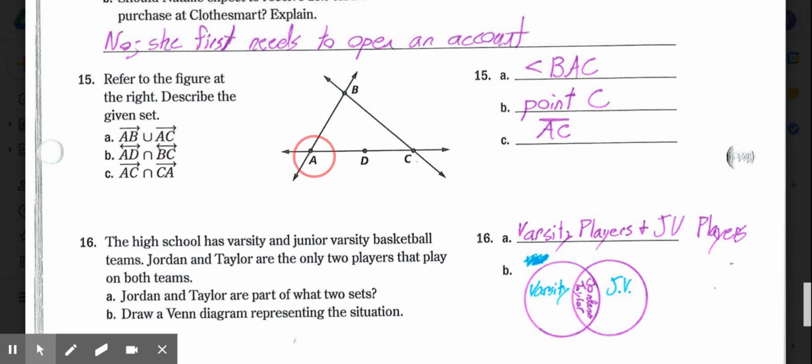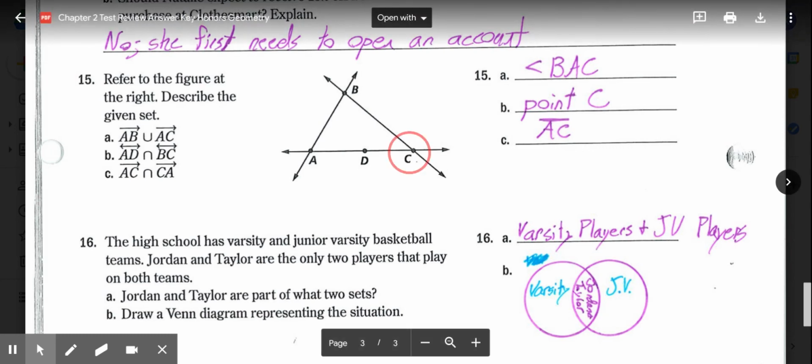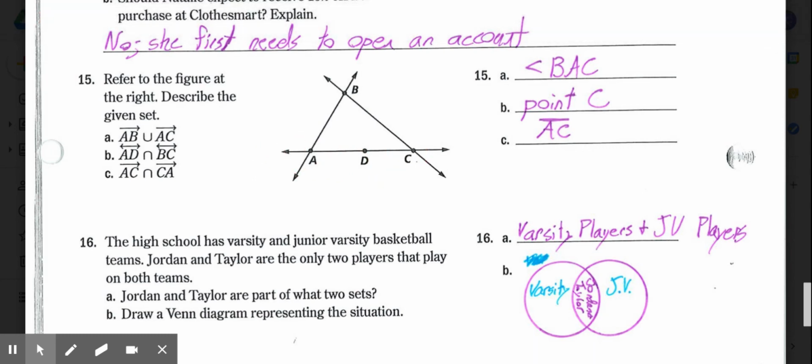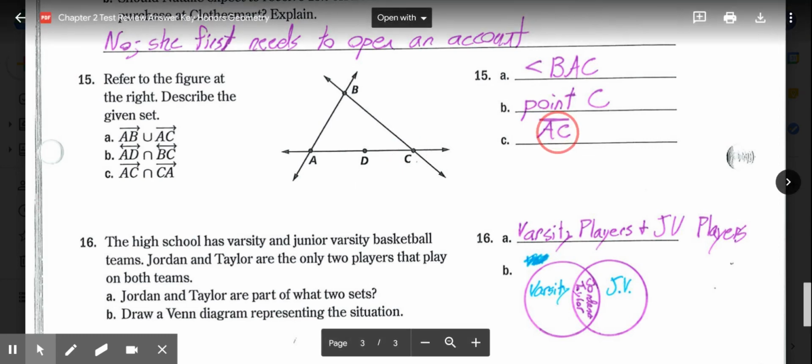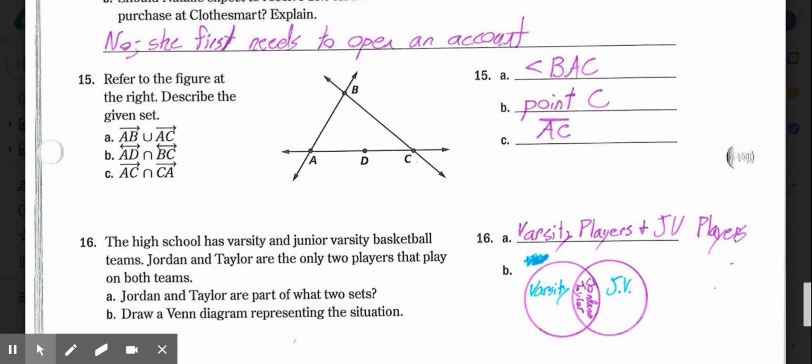So starting at A, going toward C forever, and then starting at C, going toward A forever. Where do those two rays overlap? They overlap from point A to C. So our answer for the intersection of those two rays would be segment AC.